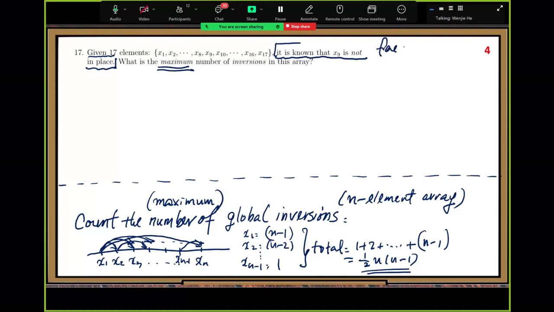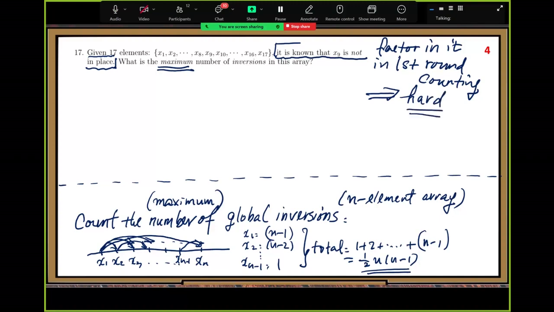But this condition, when we do the counting, if we want to factor it in during our first round of counting, it is usually hard, right? So remember, in problem solving, when we work on a version of a problem that is relatively hard, we should solve a simpler version first.